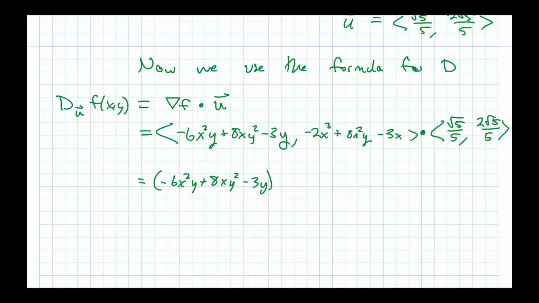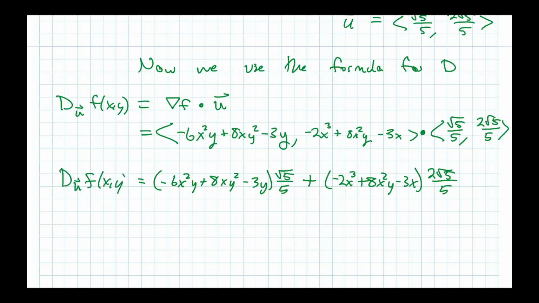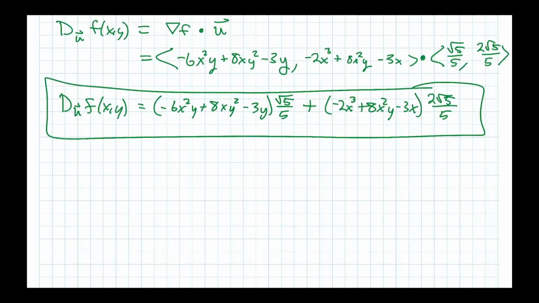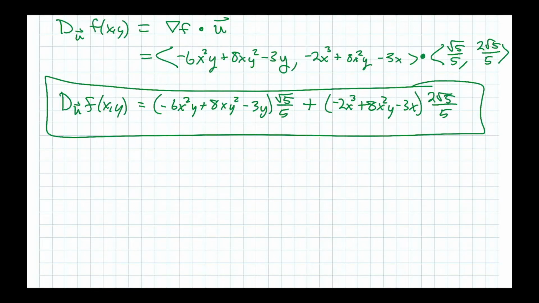There's the first component of the first vector, you multiply it by the first component of the second vector, and then plus the second component times the second component. And you're done. There's your directional derivative. You'd actually have to plug in a point if you wanted a slope at a particular place.